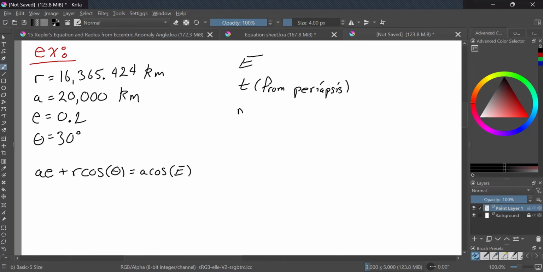All right. So now that we've done that, let's solve for E. Divide by A. And then our cosine.